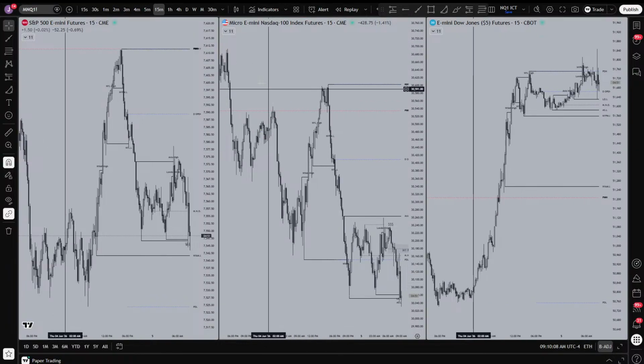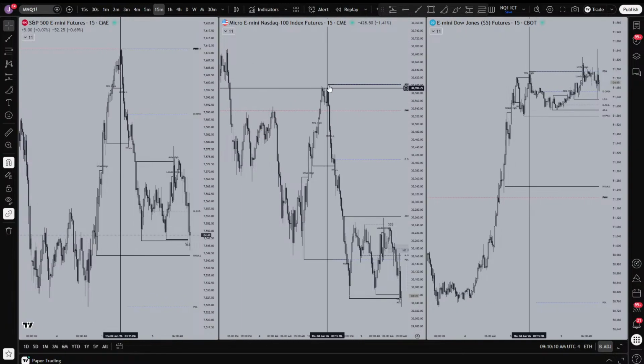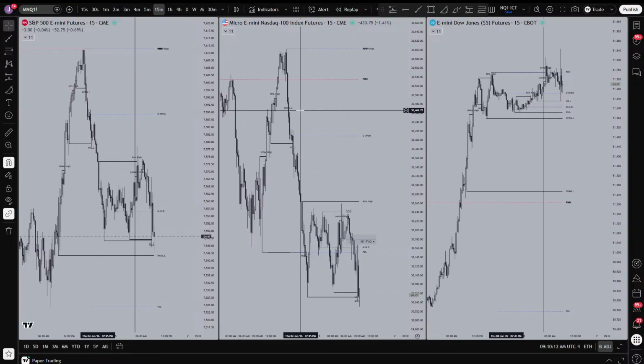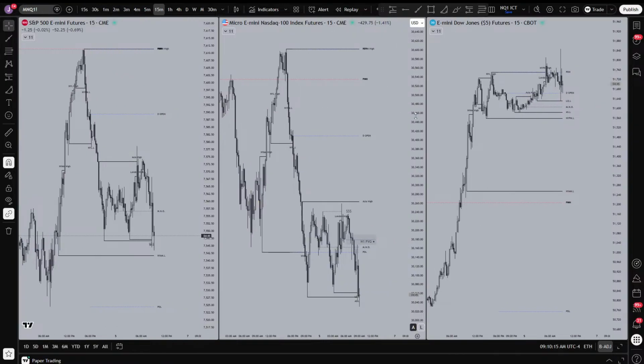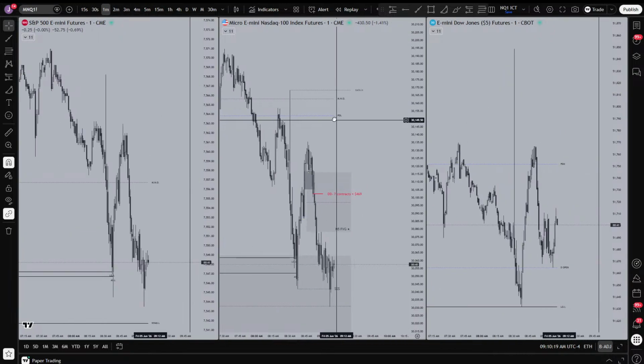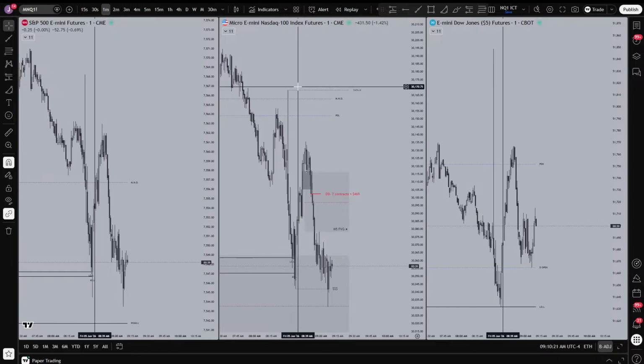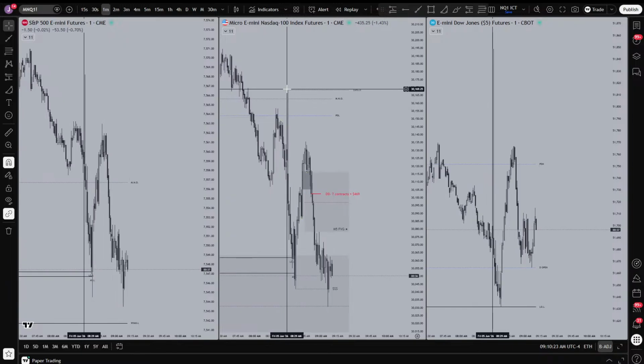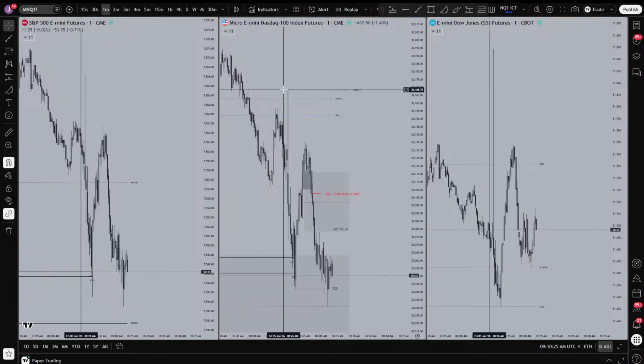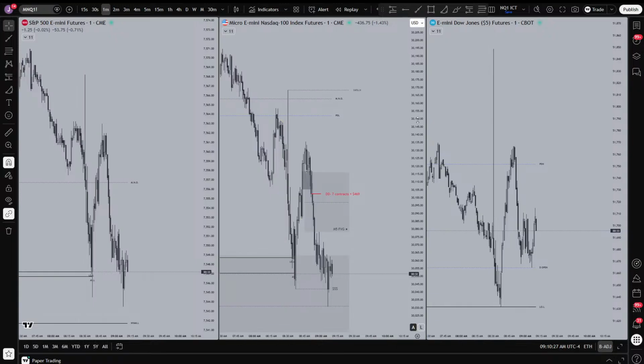Swiped out the internal, delivered from the 1 hour, 15-minute change in state, and that just bled all night. Yeah, we dumped hard overnight. Crazy. We definitely could come for this data high right here, 169. Yeah, could resweep that. That could definitely be a very good draw on liquidity.